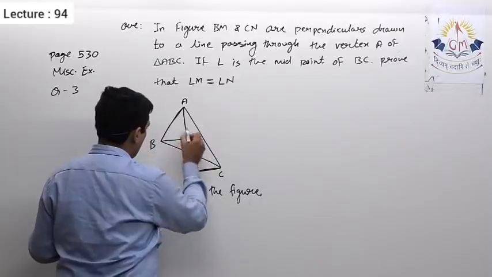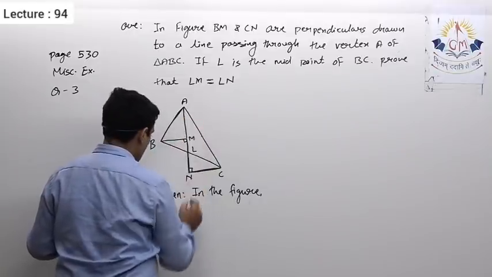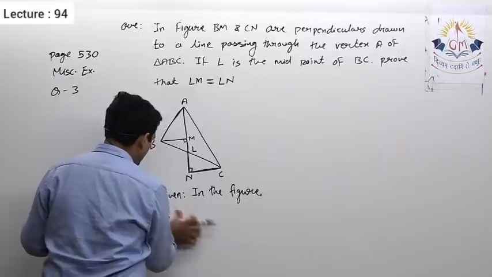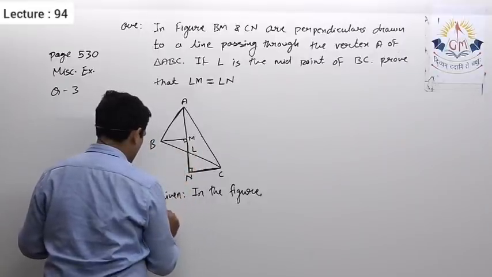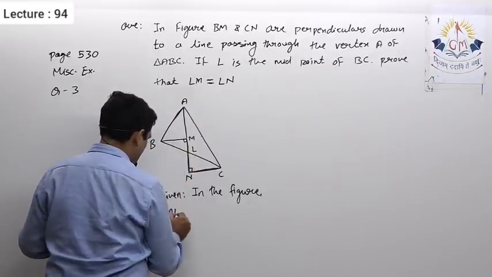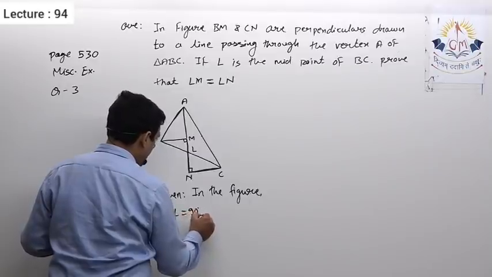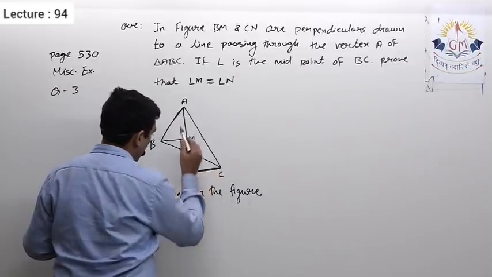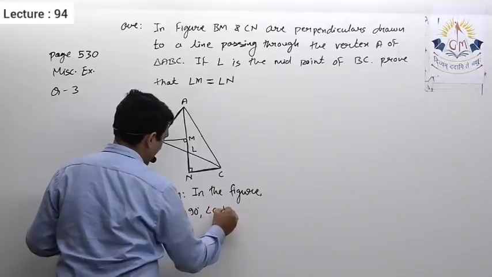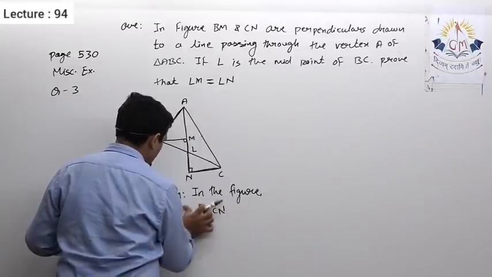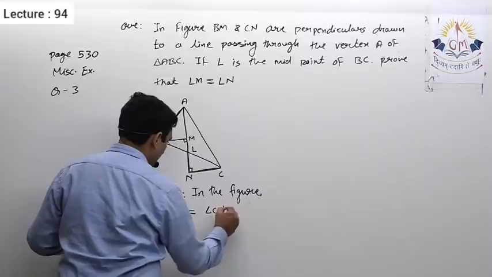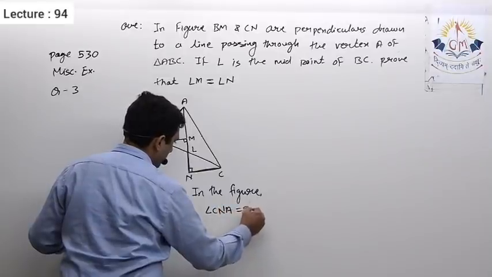So I can say angle BML is equal to 90 degree, or I can write angle CNA is equal to 90 degree.